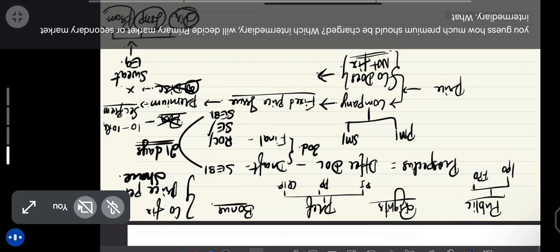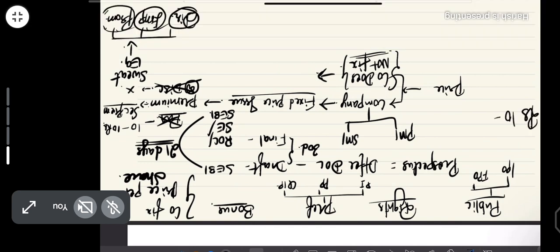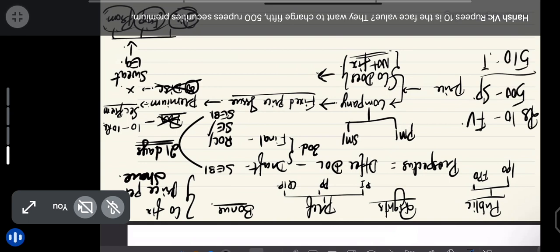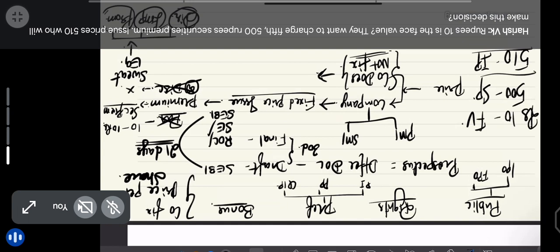What do you think? Rupees 10 is the face value. They want to charge 500 rupees securities premium. Issue price is 510. Who will make this decision? Primary or secondary market intermediary?